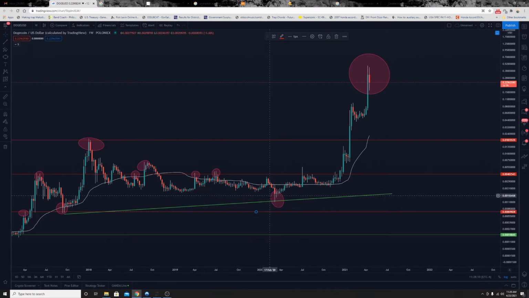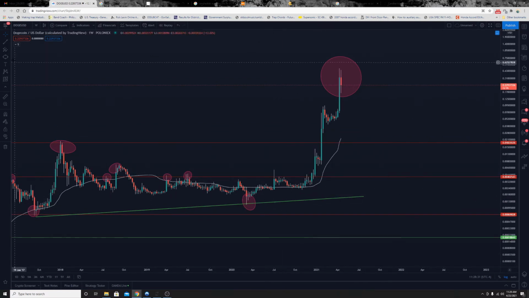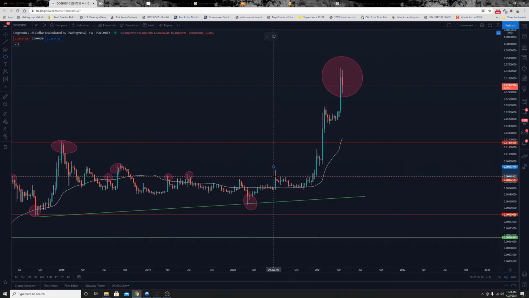That's your second confirmation. Your first confirmation was this wick that didn't touch previous support, previous resistance. It respected that. It created a higher low. The wick showed you that it's buy pressure in the market, right? This wick right here, that was the tricky one.